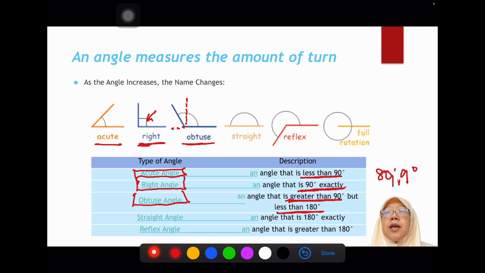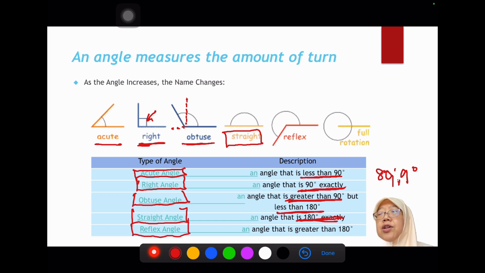Okay, now this is a straight angle. Straight angle because it is exactly 180 degrees, so it's a straight angle. And then we have the reflex angle. The reflex angle is actually greater than 180 degrees. Okay, it is greater than 180 degrees. And then we have full rotation.